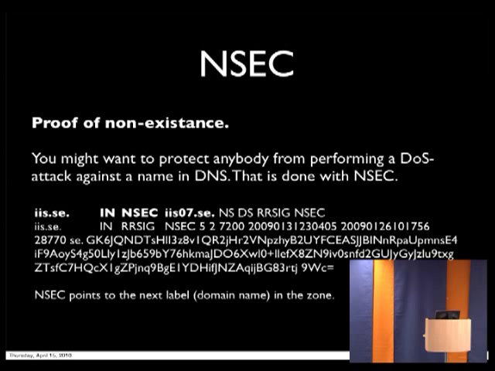If someone asks for is06.se, instead of just answering NXDOMAIN, we add this information to the reply as well, which is a proof that is06 does not exist, because between is.se and is0.se, .se can prove that is06 does not exist since we have an NSEC record. And if you validate the signature with the keys in the SE zone, you can prove that it doesn't exist.